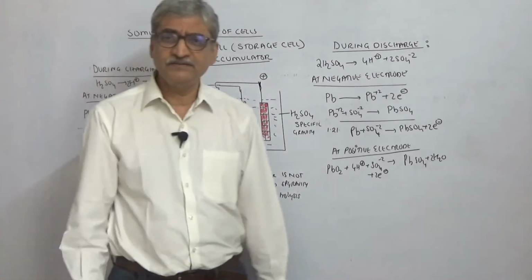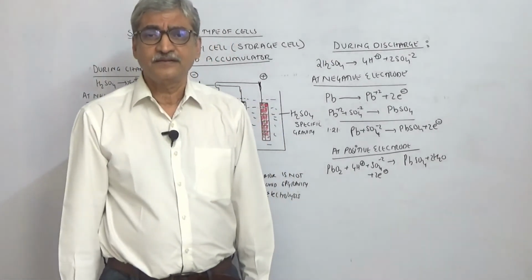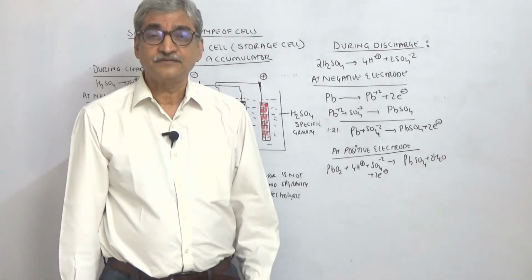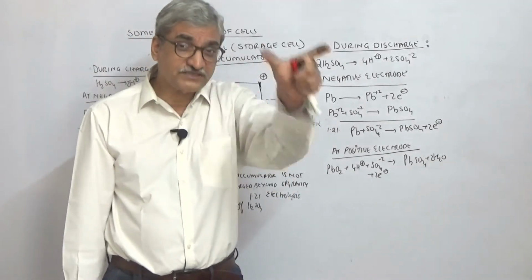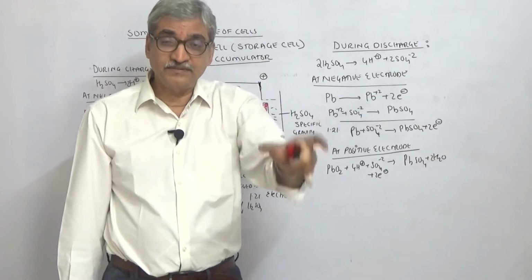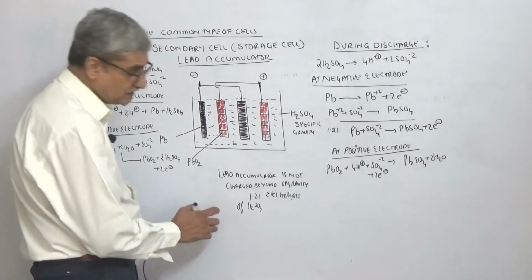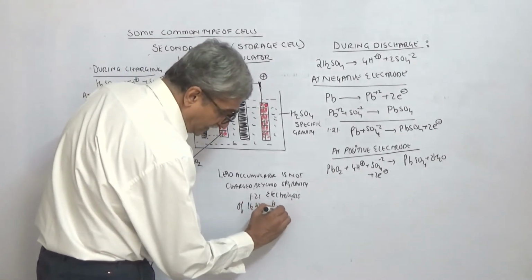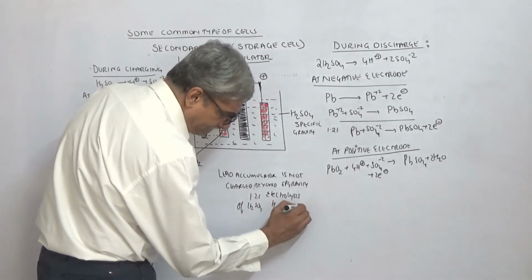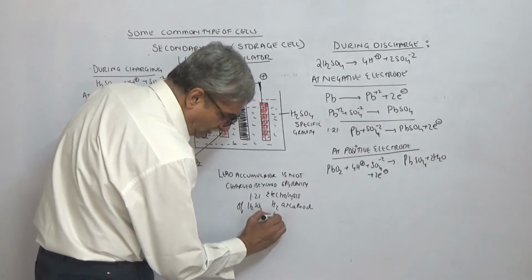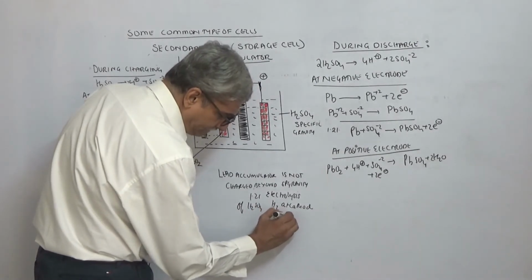You're charging, you're giving external EMF. I discussed the first topic, electrolysis of different substances. Electrolysis of sulfuric acid will take place, giving hydrogen at the cathode and oxygen at the anode.